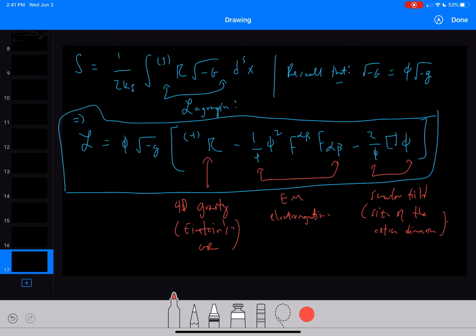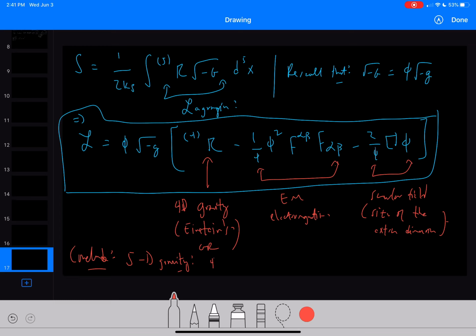So what we conclude is that in 5D gravity, 4D gravity, or the gravity that we experience as humans, is equal or equivalent.